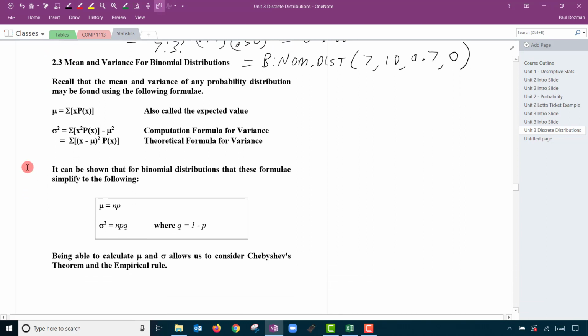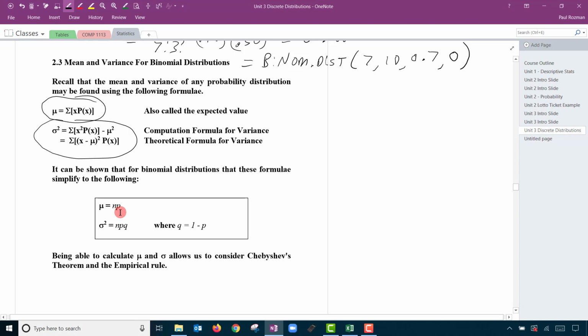Binomial distribution is super nice in that when we learned about the expected value and standard deviation for just a general discrete distribution, the formulas were a bit ugly. We had to sort of build tables in order to achieve those things. Those formulas simplify greatly with the binomial distribution so that the mean ends up being just n times p.